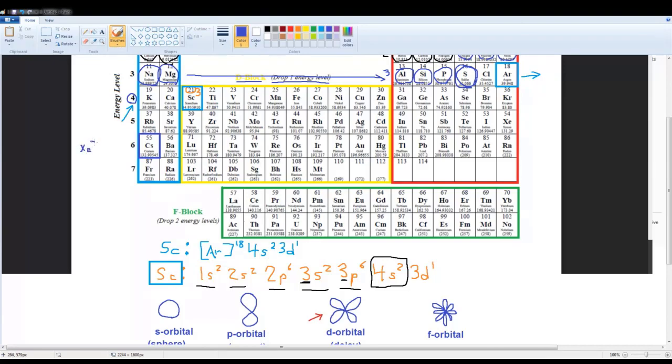I'll just do xenon, 54, and after that it's the 6s orbital, so I just say 6s1. That would be my noble gas notation electron configuration for cesium. Pretty easy, right?